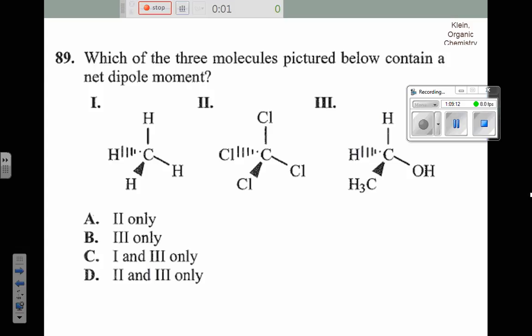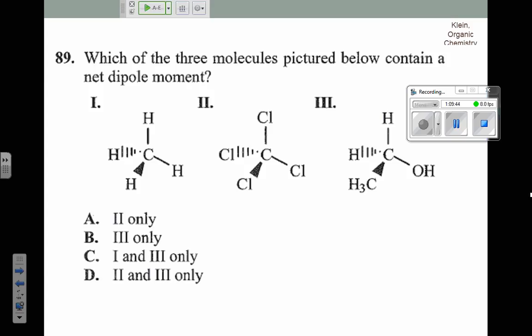Here's another one. Which of these 3 contain a net dipole? So again, number 1 is only carbon hydrogen, so no net dipole.